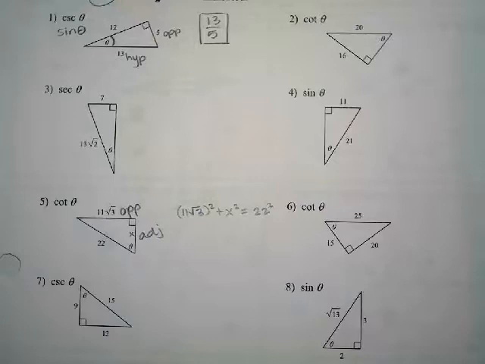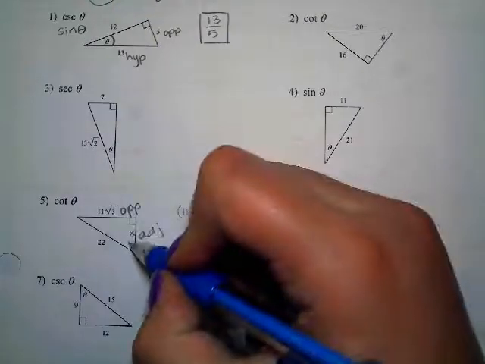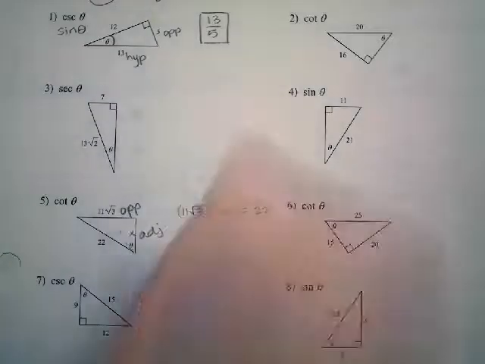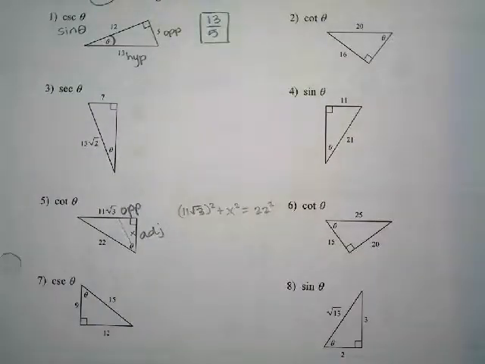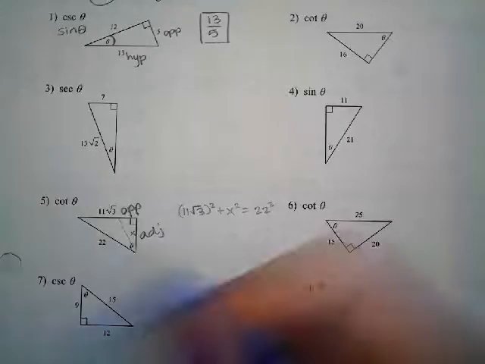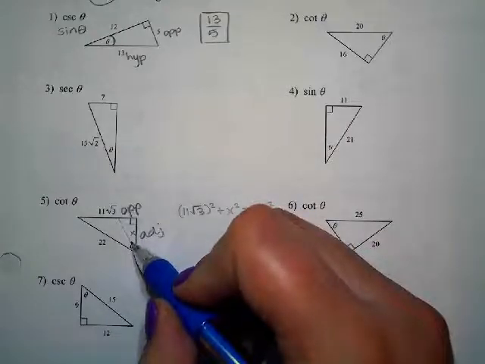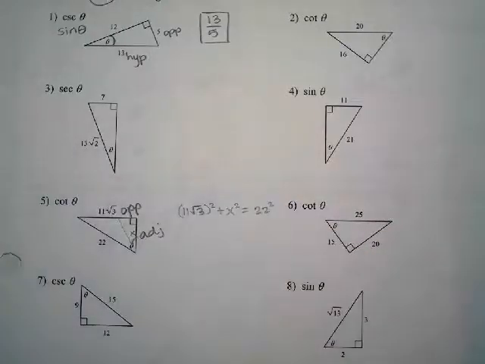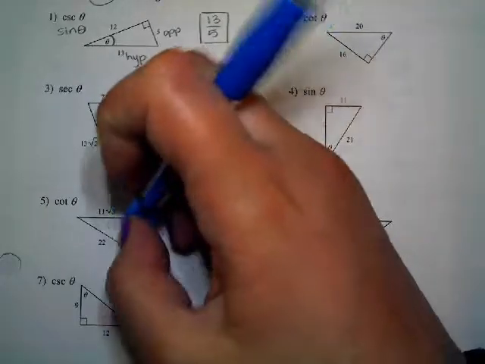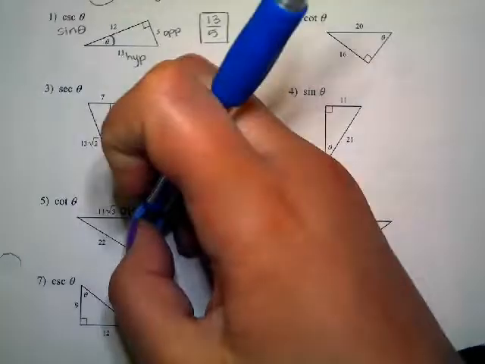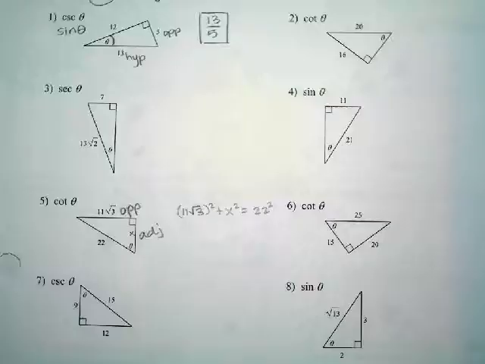Because this is directly across from it, so it's opposite of it, and then the theta is next to the adjacent. Okay, so 11 root 3 squared plus x squared equals 22 squared.